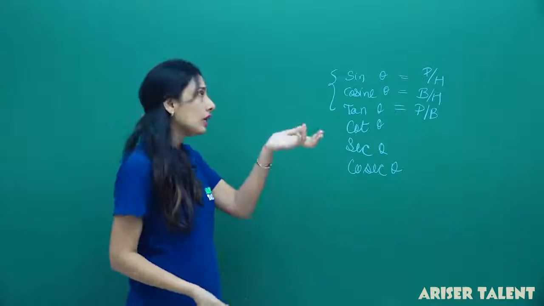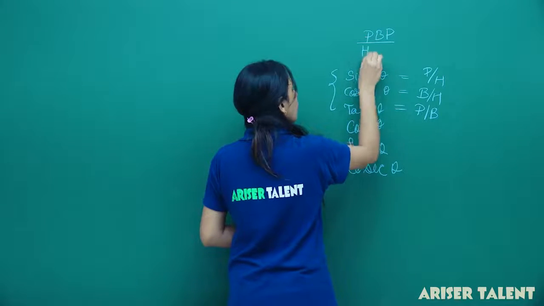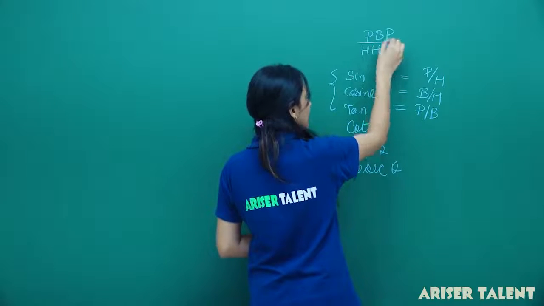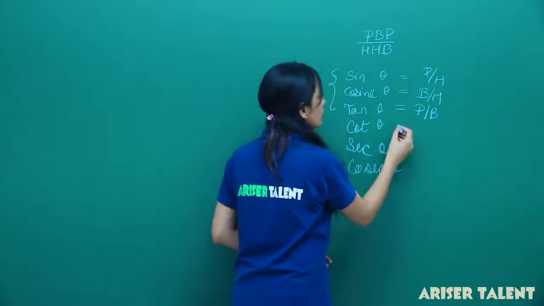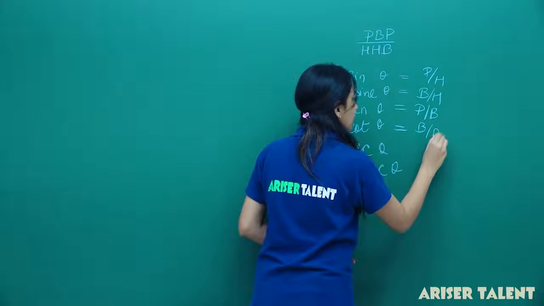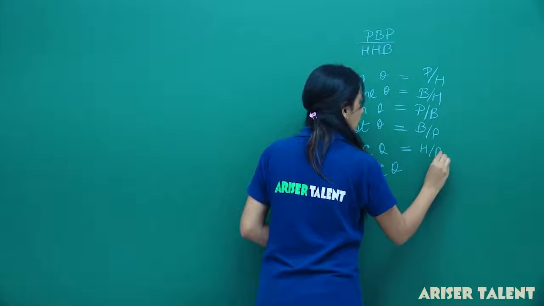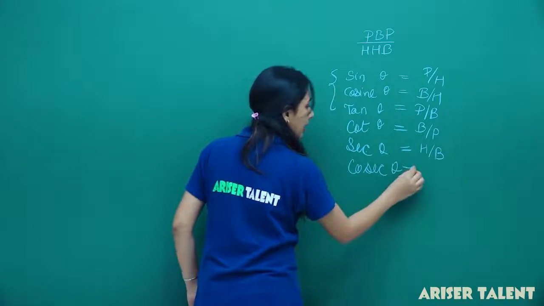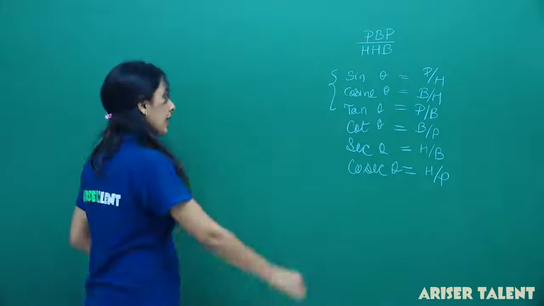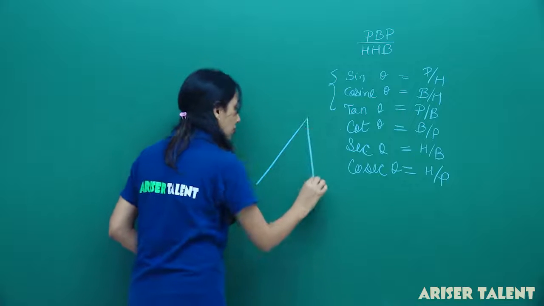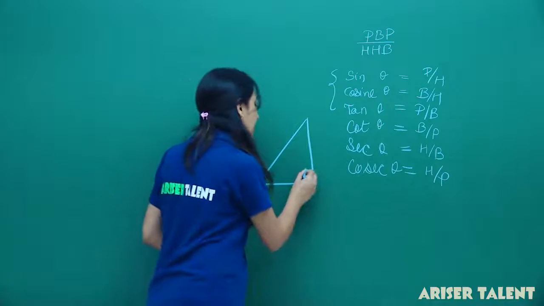We also made a trick like this, which we call Pandit Badri Prasad Har Har Bole. So this is how we reminded, and this will be the inverse of this, B by P. This will be the inverse of cosine, so H by B, and this will be H by P. And all these ratios came from a right angle triangle.